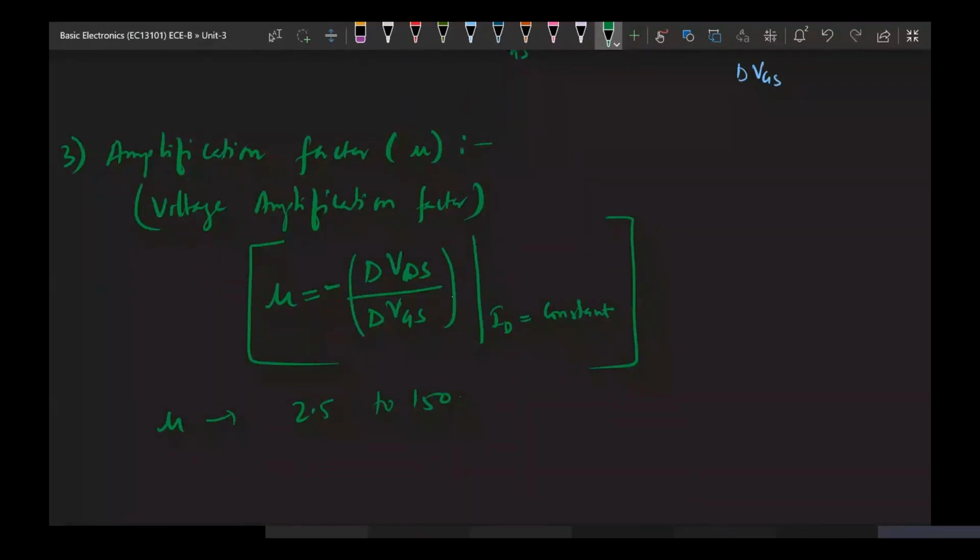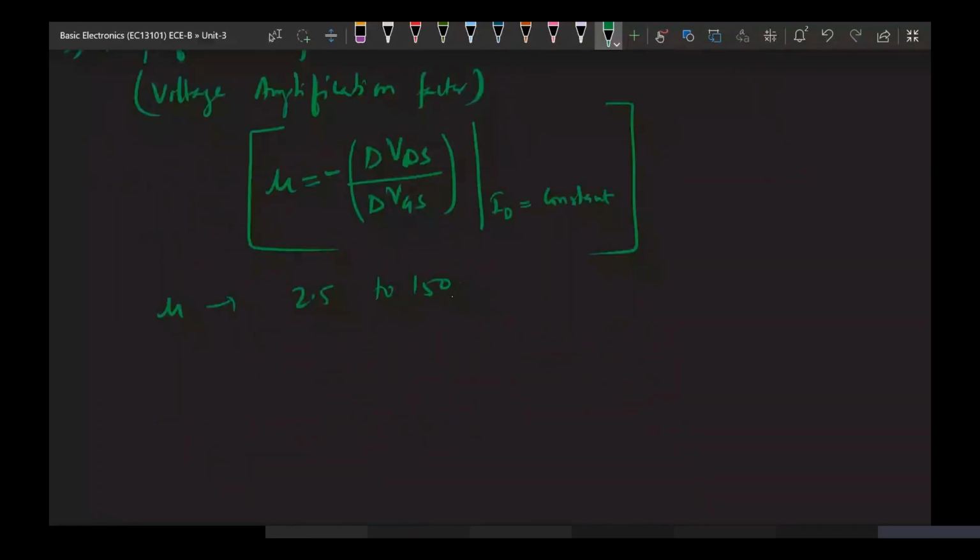This mu can be obtained from graphical data, but it can only be obtained from the transfer characteristics. So mu is obtained only from transfer characteristics.